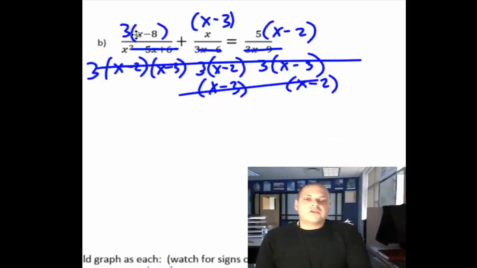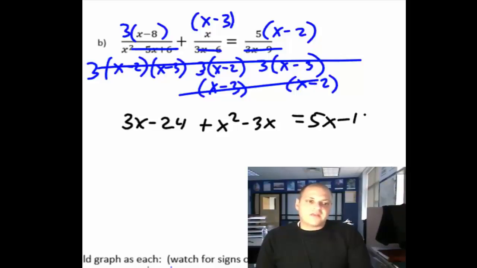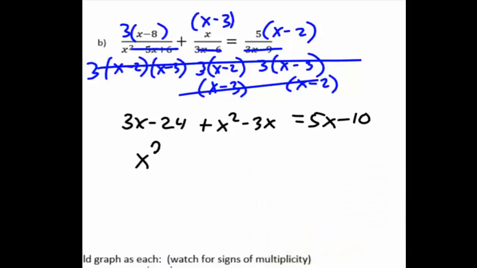All right, so 3x minus 24 plus x squared minus 3x equals 5x minus 10. So I have x squared minus 5x, I'm just kind of doing this all together, minus 14 equals 0. I just got to bring these to this side here.